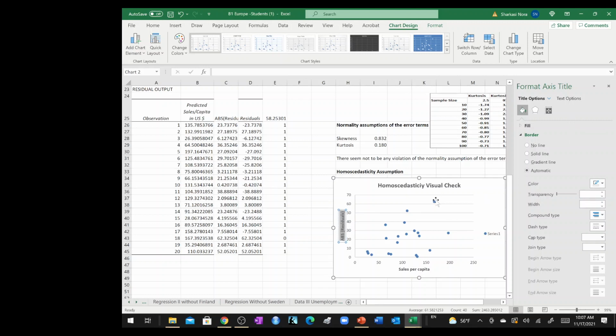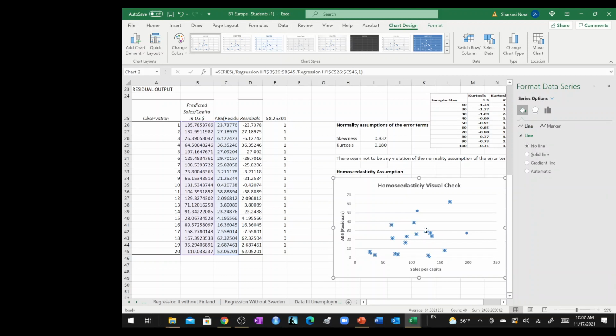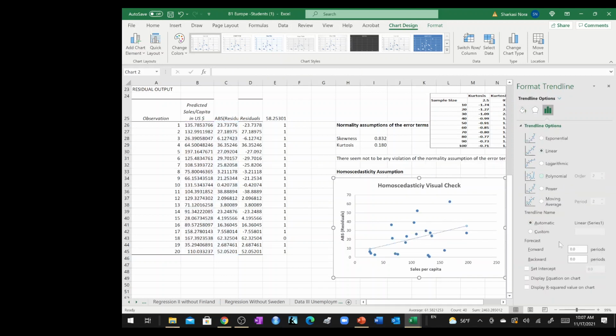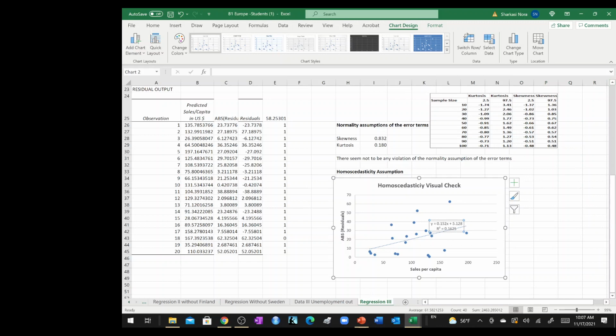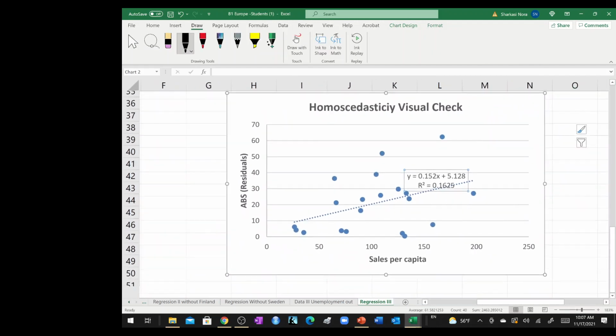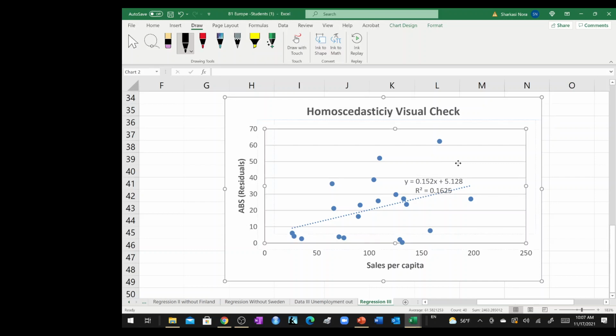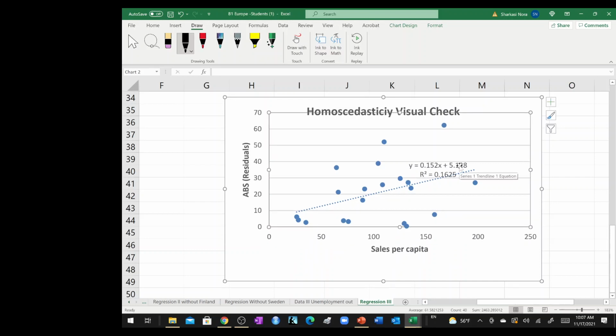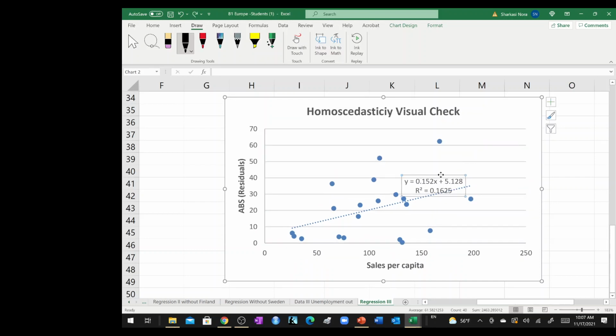Now let's get rid of this, it has no meaning here. We are going to select one point and add a trend line, and it should be linear. We're going to display the equation and the R, and this is it. But because we want to take a quick look at them, we are going to move them a little bit where we can see them. Not the whole thing, just these guys. Let's take a look here.